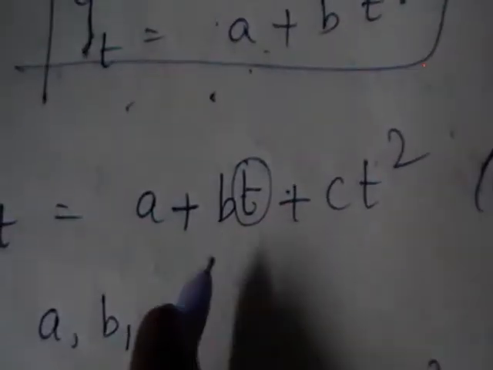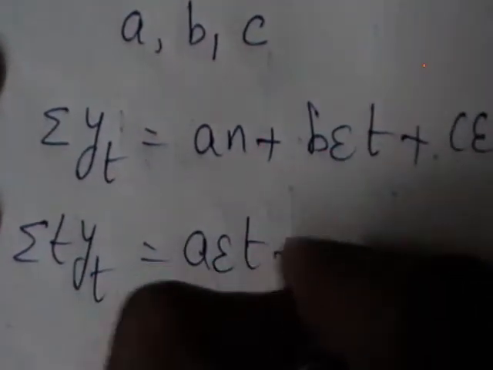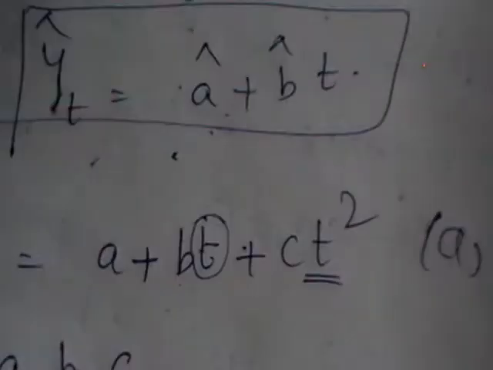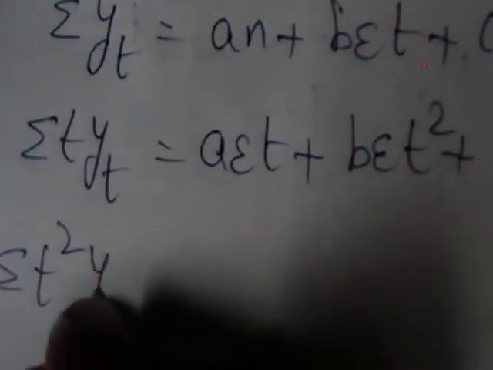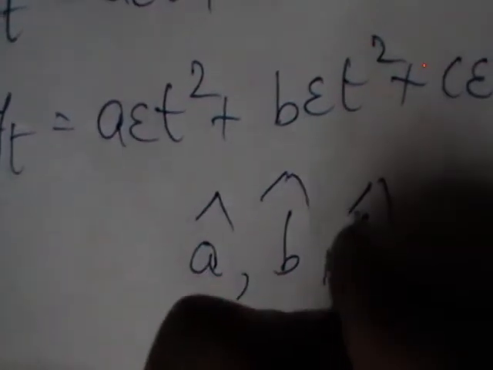Then next one you should multiply with the coefficient of b, which is t: sigma t yt is equal to a sigma t plus b sigma t square plus c sigma t cube. Third one is nothing but with t square you should multiply: sigma t square yt is equal to a sigma t square plus b sigma t cube plus c sigma t power 4. You will find out the totals and solve the equations to get the estimates of a hat, b hat, c hat. Then the required trend line will be yt hat is equal to a hat plus b hat t plus c hat t square. This is the trend line when we are fitting the second degree parabola.